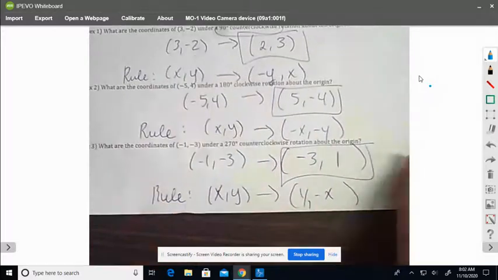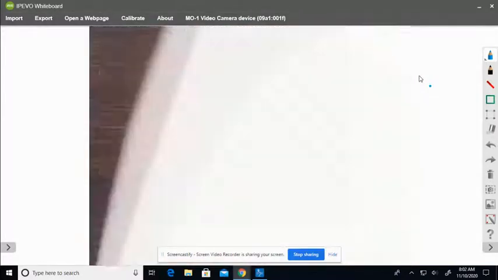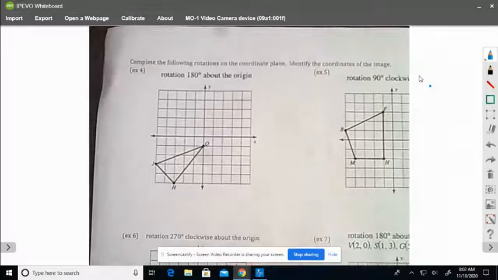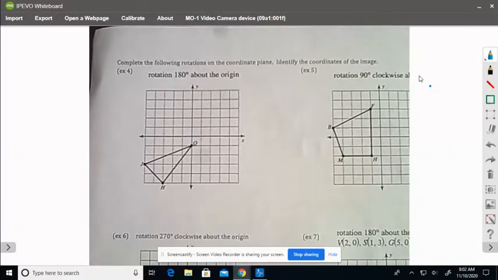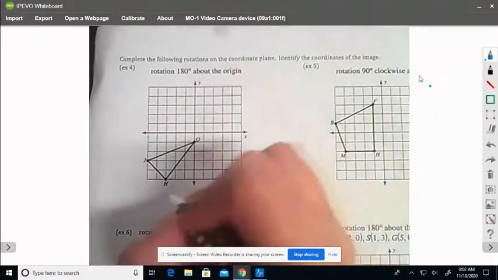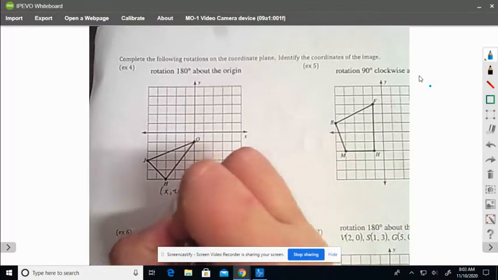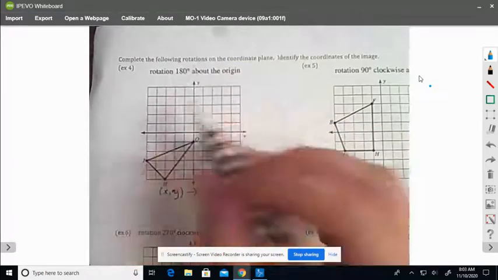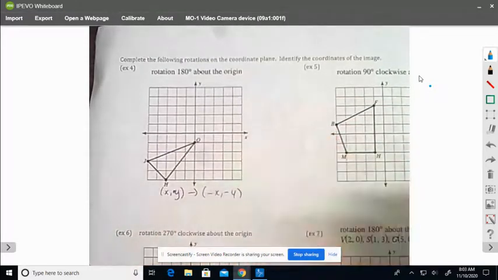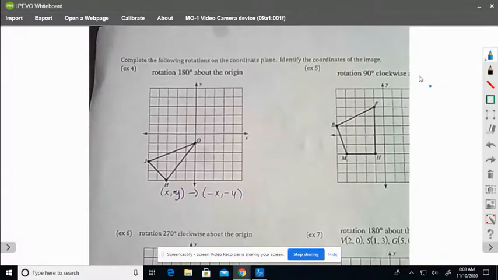All right, let's flip it over and start to graph here. In order to do these, I would always write out the points. I'd also kind of write out the rule here. So X, Y is going to translate, if we're doing 180, it's going to be negative X, negative Y. We're just going to change the signs.